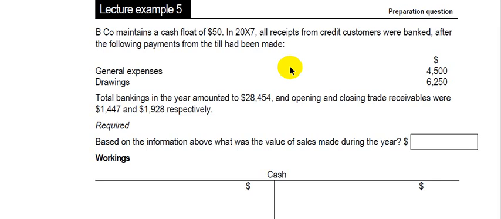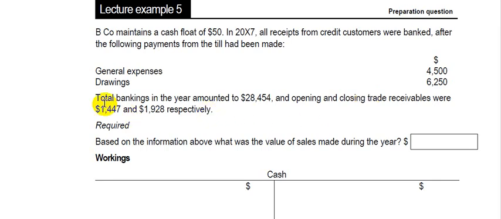That's what it means. So you need to open a petty cash account. Since you are told there were some receipts from credit customers, you also need to open a trade receivable account. So you'll be working with two accounts, a cash account and the receivables account.